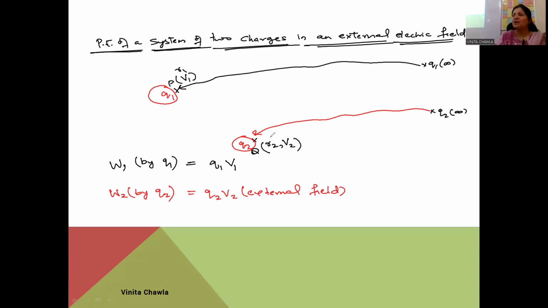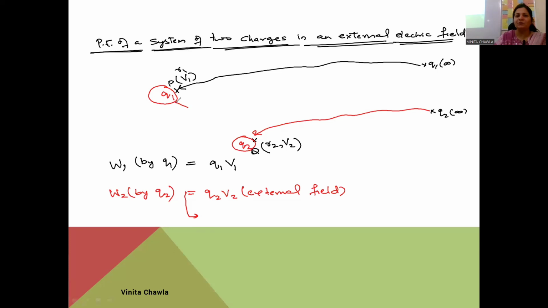So this charge has to bear the external electrostatic field, right? So this charge has to do work due to the external electric field and also due to the field created by Q1.